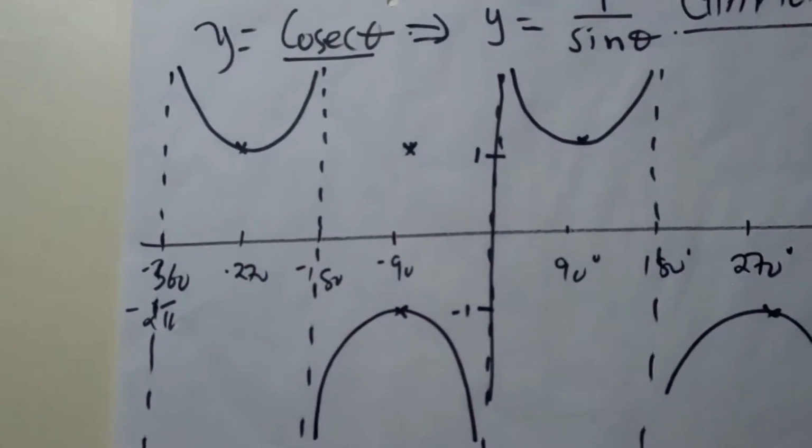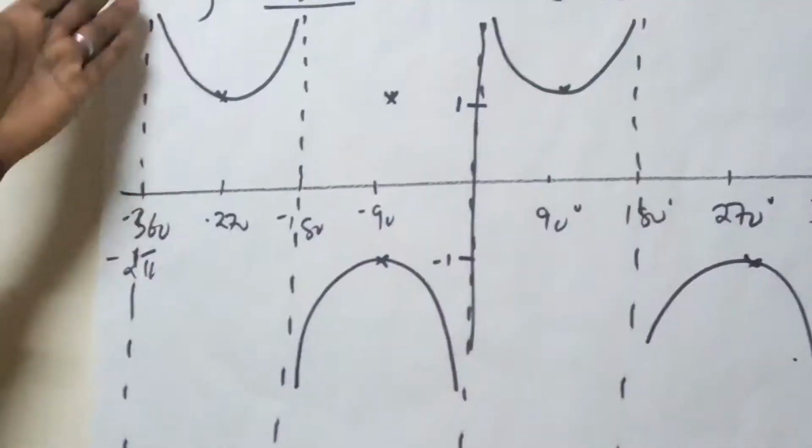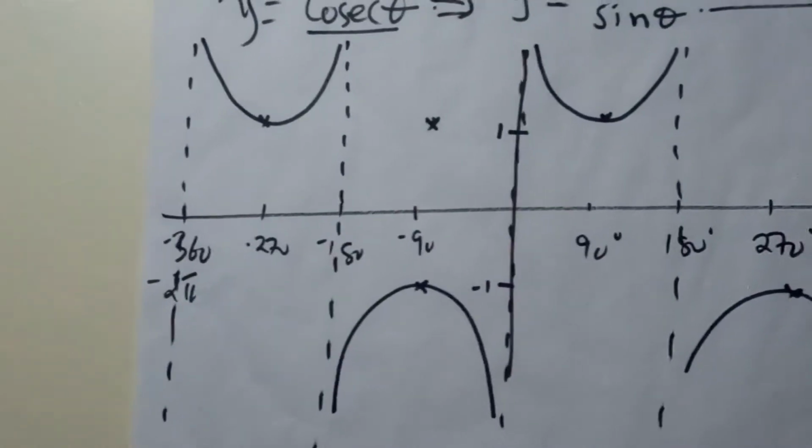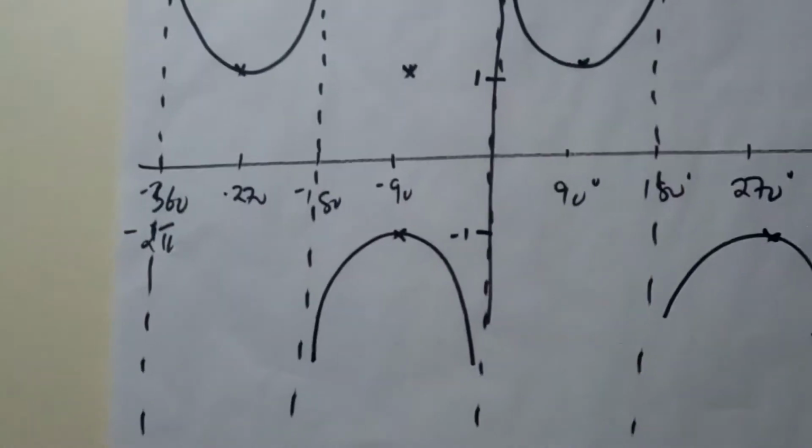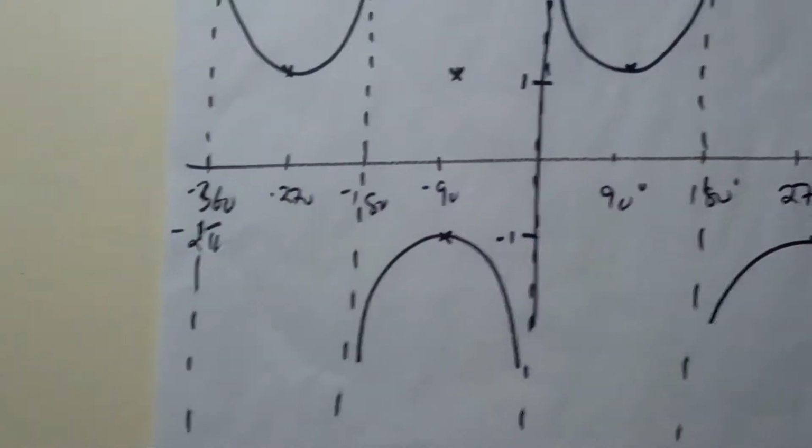But it is what happens immediately after and before the asymptotes that gives us the nature of our graph.